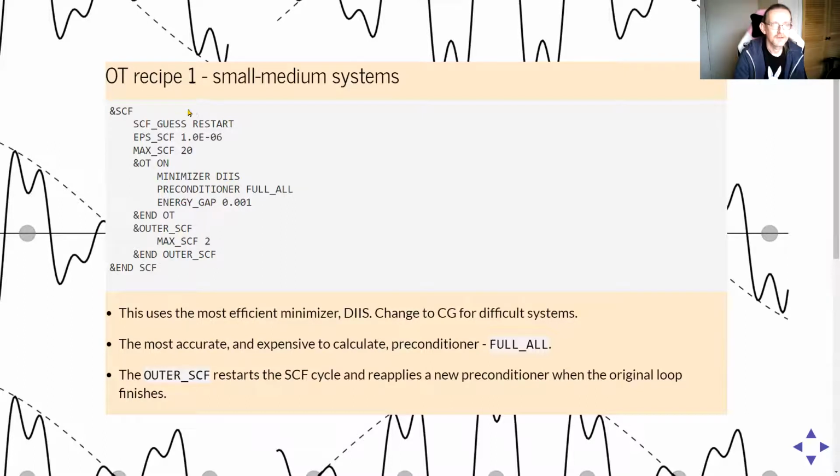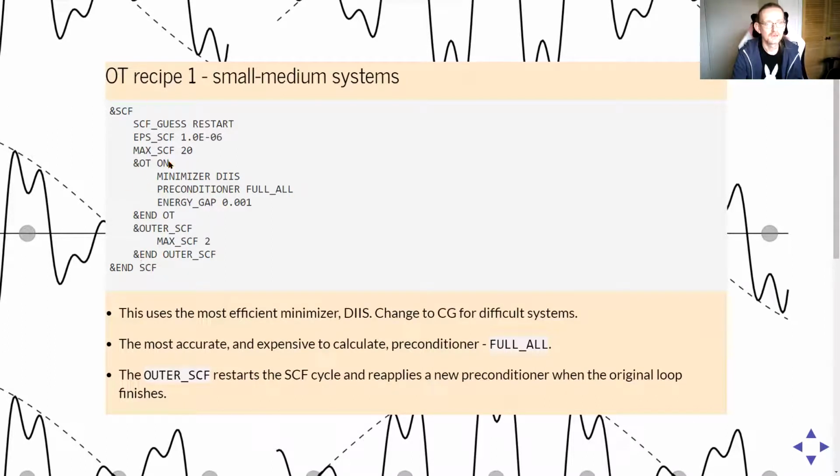So this is what the SCF section of the input normally looks like. We have a restart of the SCF guess. There's this EPS_SCF keyword, a value found throughout CP2K, saying what level of convergence we're after, and a maximum number of cycles. The input has a normal nested structure of keywords and sections.